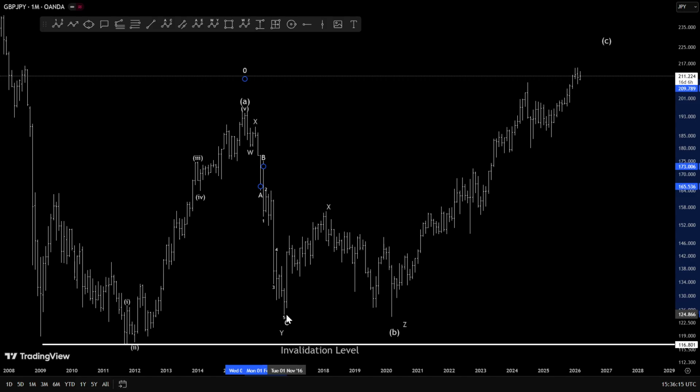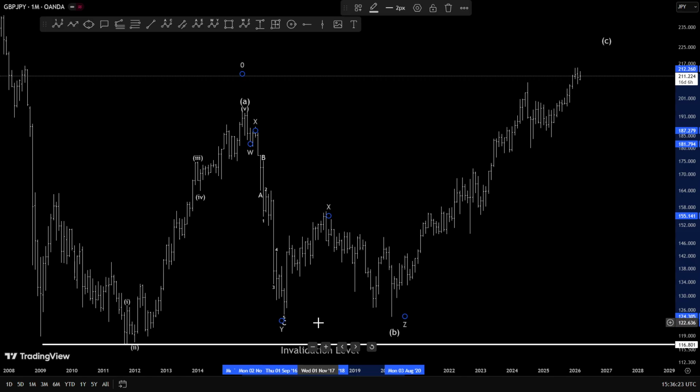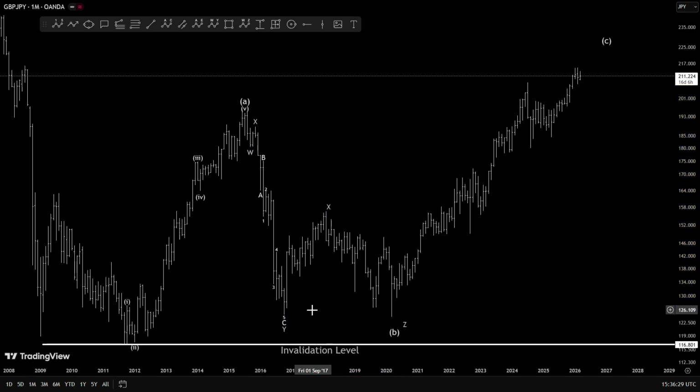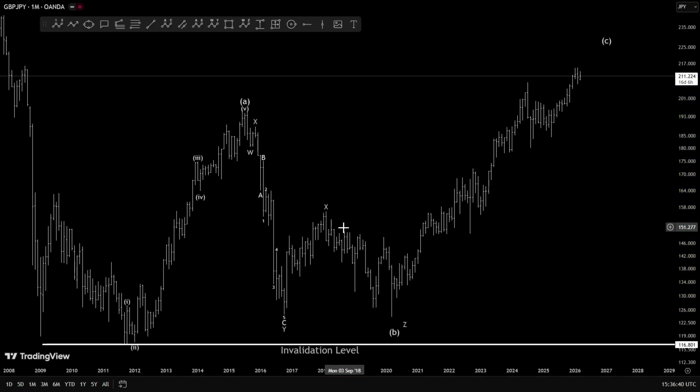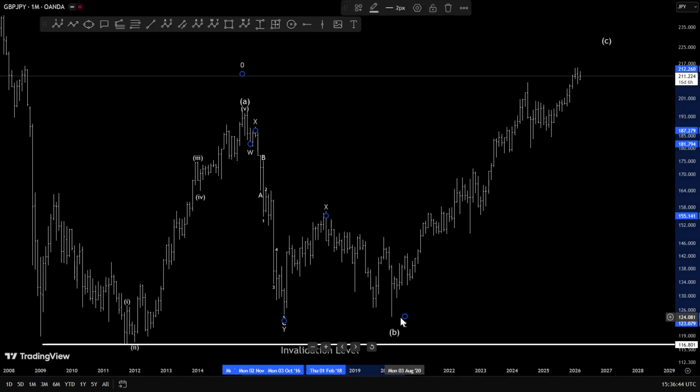It is part of a motif hybrid pattern, which completes with Y. No confusion, this completes with Y. And after Y, we have a corrective structure to the upside, which gives us an X, right? And after that, we have a downside, which is Z.